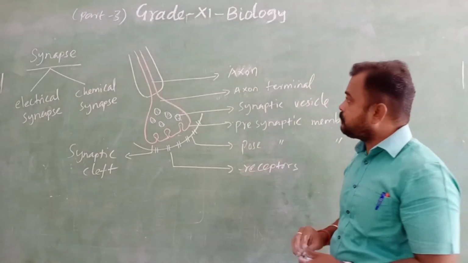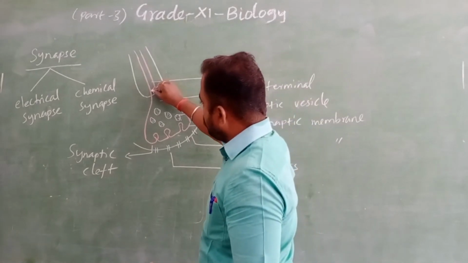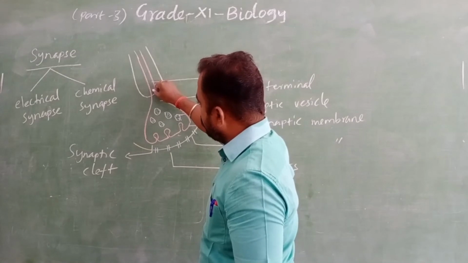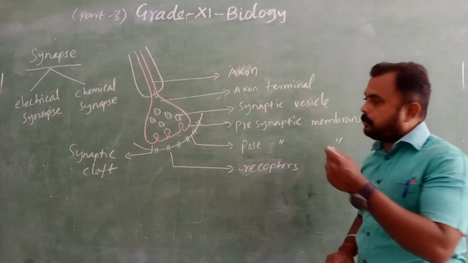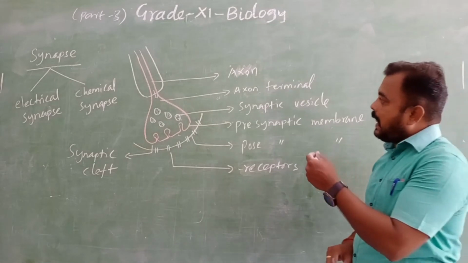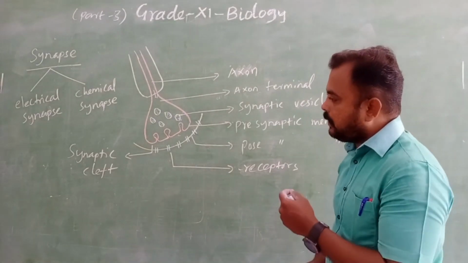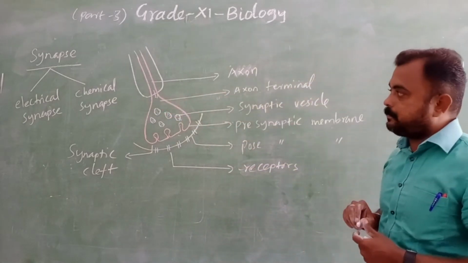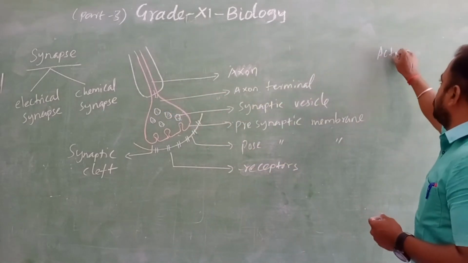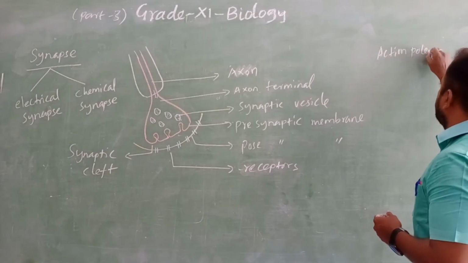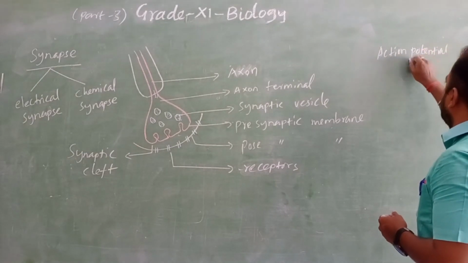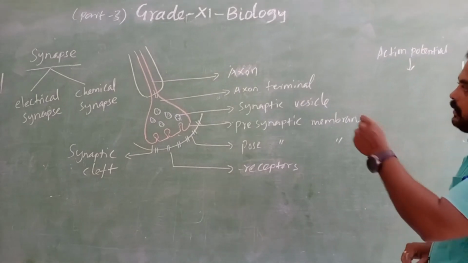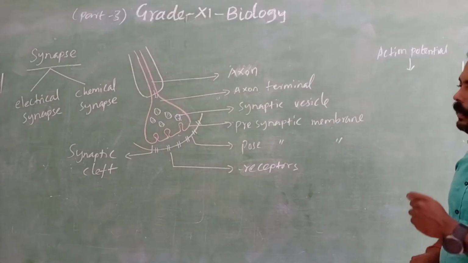See here, in the axon, what is it releasing? Action potential. When the axon terminal receives the action potential, then what happens?